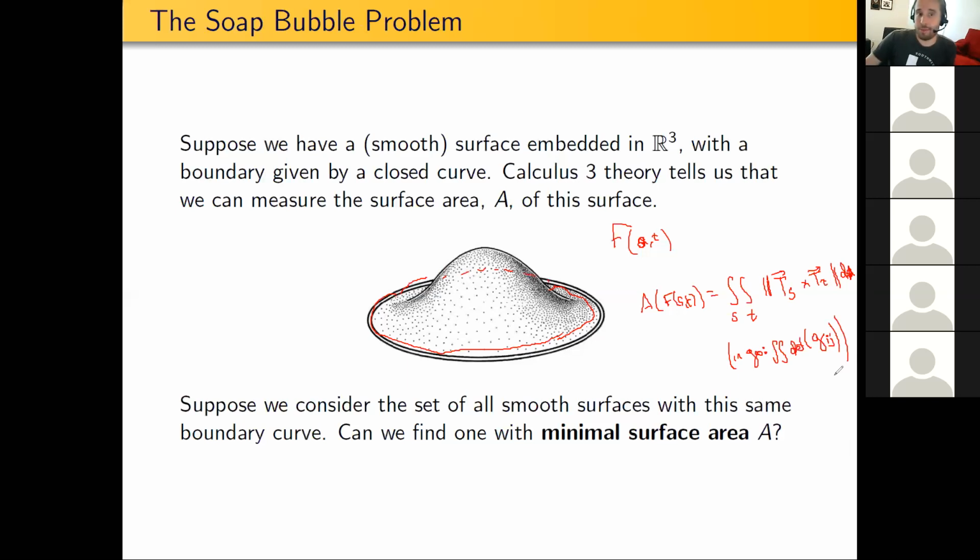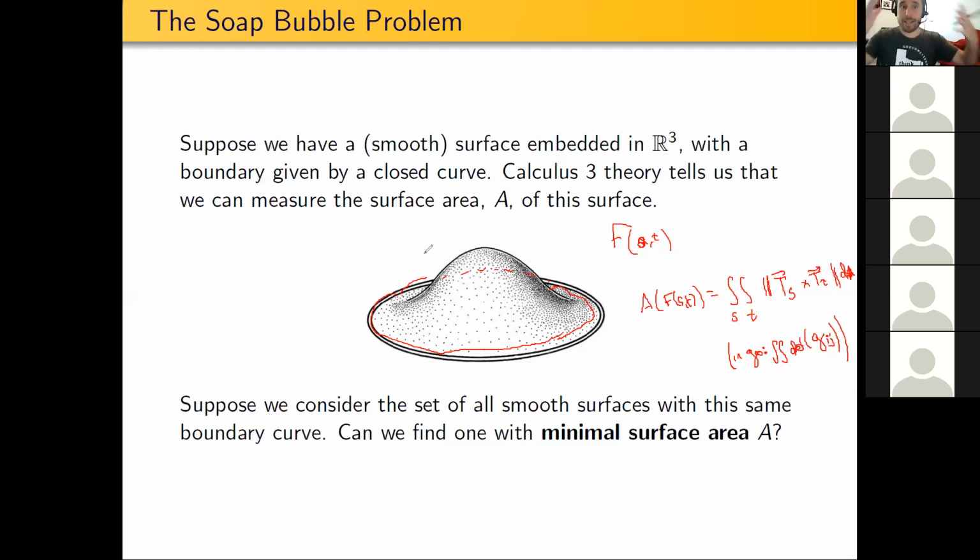So we could integrate up the determinant of that first fundamental form and get the surface area. So if we have a closed curve that bounds a surface, we can measure the surface area of that surface. And that should be some finite number. So this surface area is some finite number A.